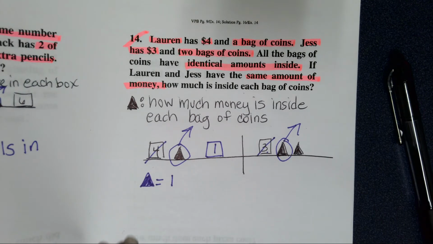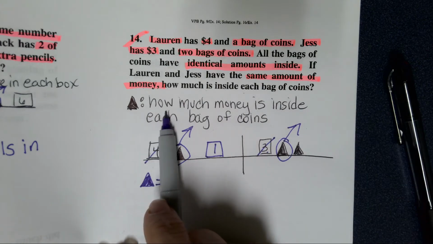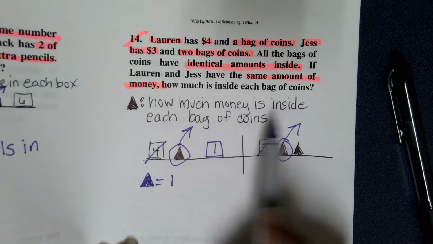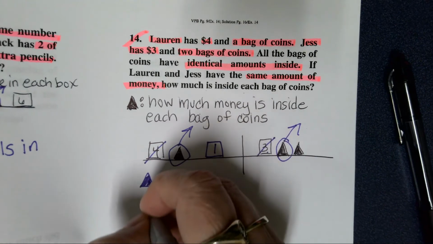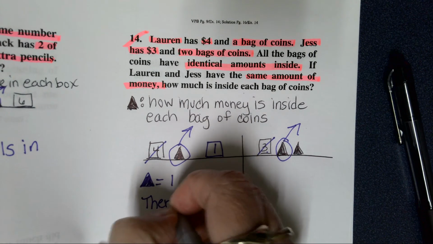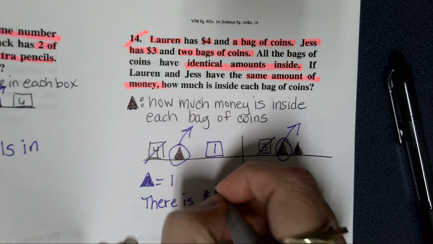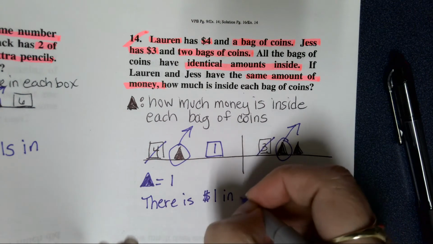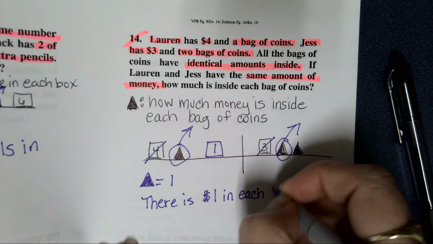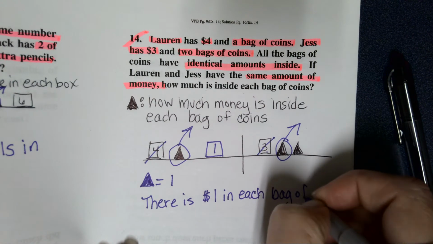So what does that mean? We go back to what pawn equals, how much money is inside each bag of coins. So there is $1 in each bag of coins.